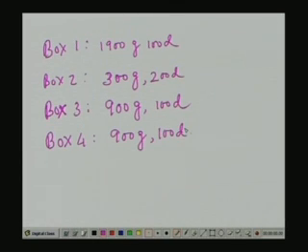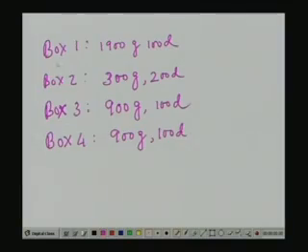The question that was asked was, we select any box at random first, and then from that box we remove just one element. The first question is, what is the probability that the particular element which is removed is a defective one?